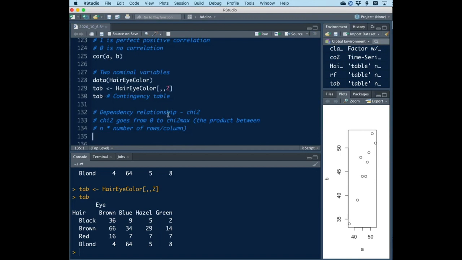So I have to take the lowest value between the number of rows and the number of columns.